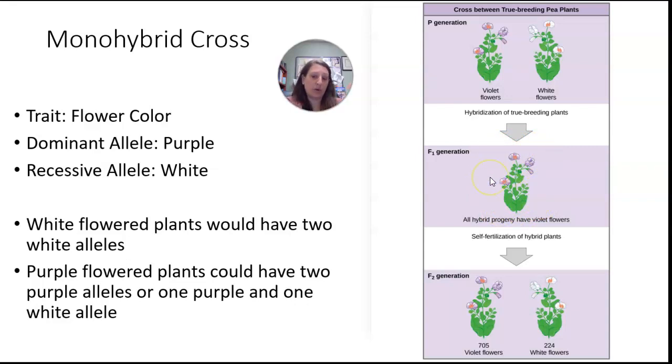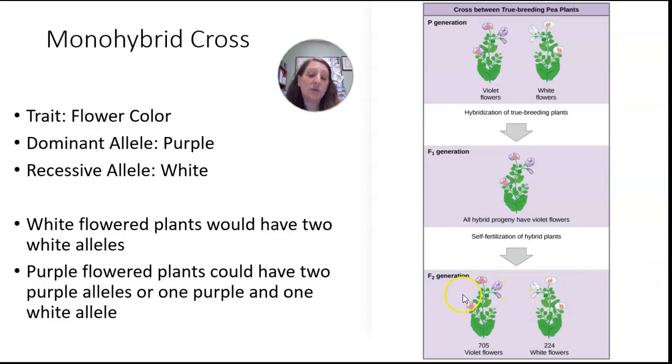They'll have one purple and one white allele, so they have two different alleles. When we cross these, two heterozygotes being crossed, this is where we get that 3-to-1 ratio. For every white flowered plant, we will have 3 times as many purple flowered plants.